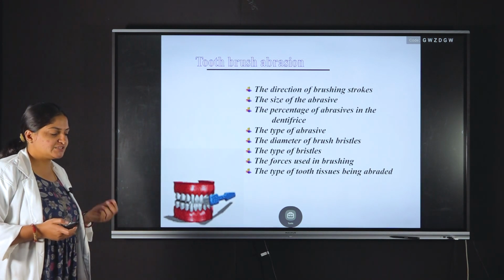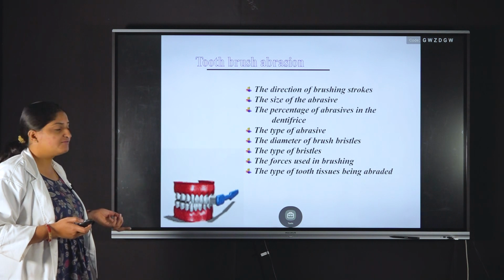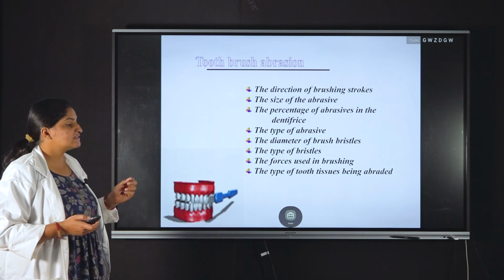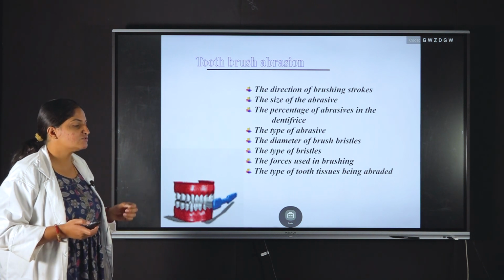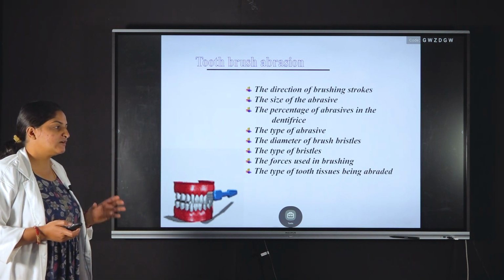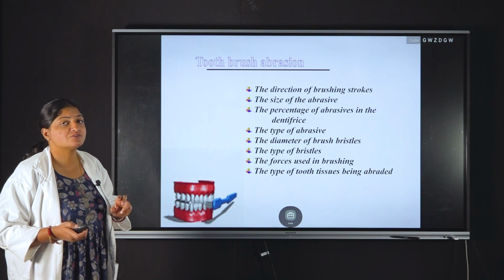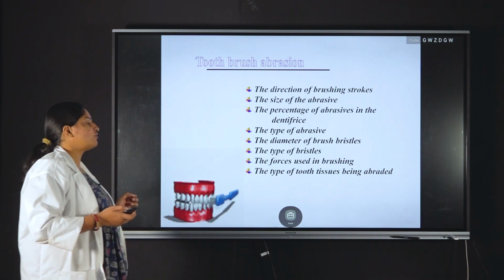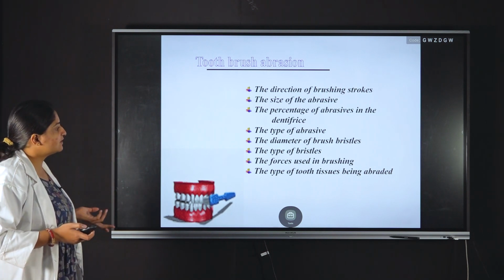So for the abrasion to occur, there must be an abrasive and the abrasive action. So here the size of the abrasive particles which are used in the dentifrices, or the composition of the dentifrice, may also indirectly contribute. So the strokes which are given with the brush also may contribute to the toothbrush abrasion.